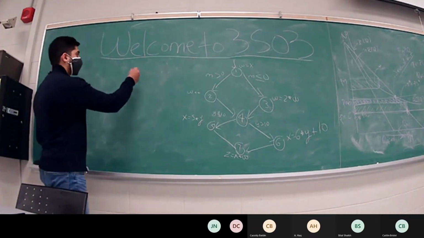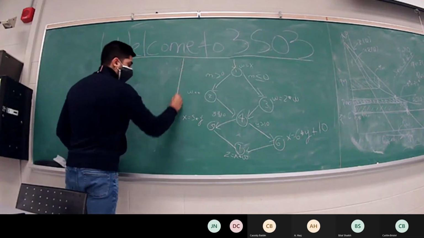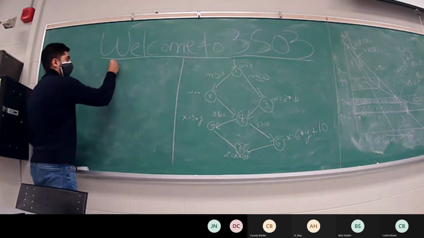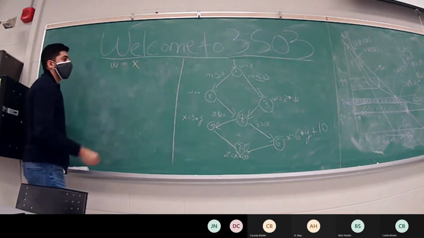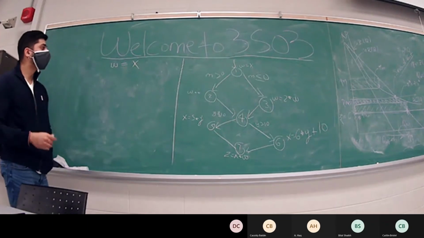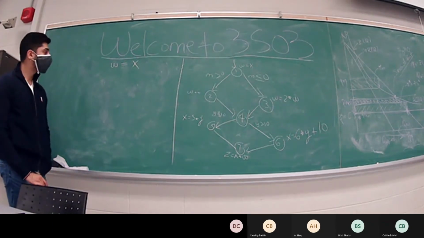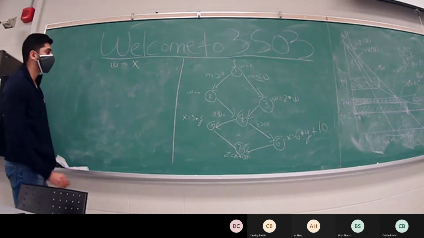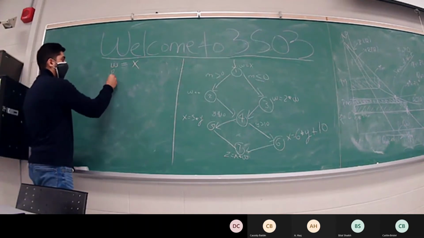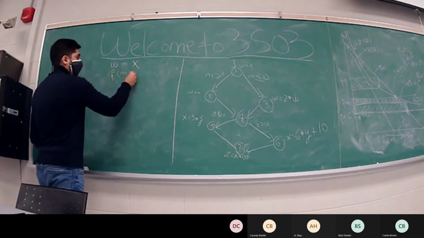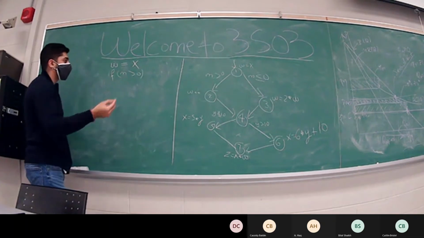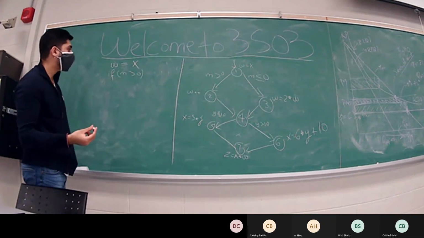Yeah, so exactly. So that's our graph, and that's our starting statement. That's pretty obvious. Then what? Then you have a conditional, if you need a conditional listed, and then just anything else. Yeah, so you would have if m is greater than 0, what would you do if m is greater than 0? W plus plus.